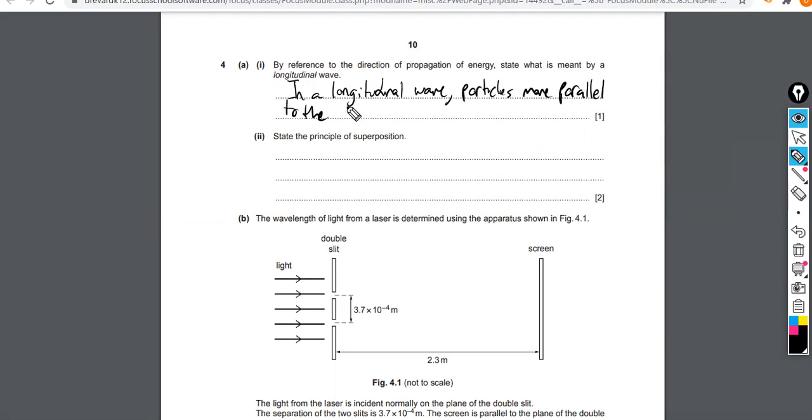So particles move parallel to the direction of propagation of energy. In a transverse wave, you change this word to perpendicular, right? So that's the difference between them.